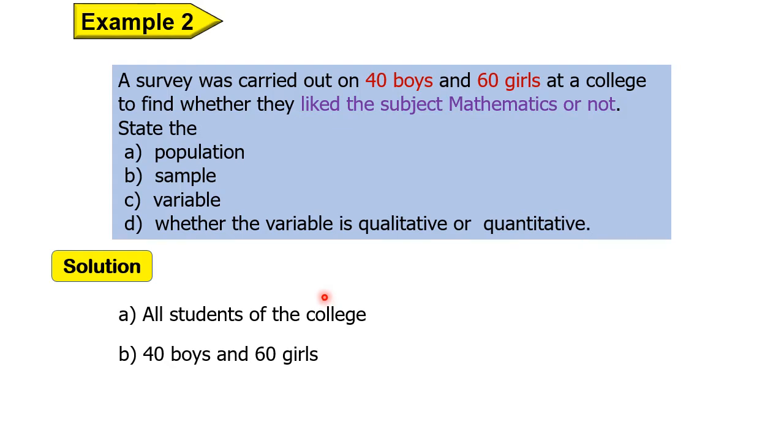So 40 boys and 60 girls here actually represent the sample. And then what is the variable? The variable is whether they like mathematics or not, so liking mathematics will be our variable. The last question: in your opinion, is it qualitative or quantitative? Remember, quantitative can be measured numerically.